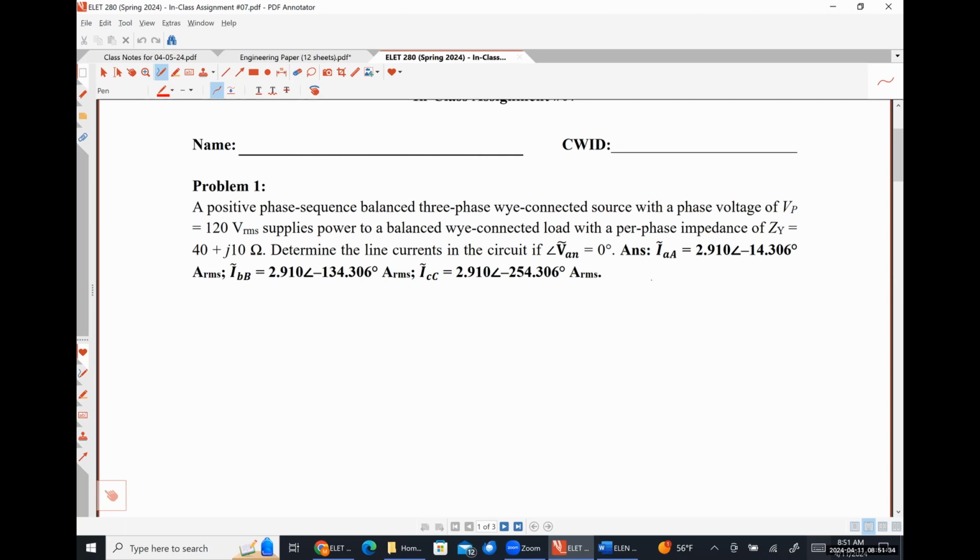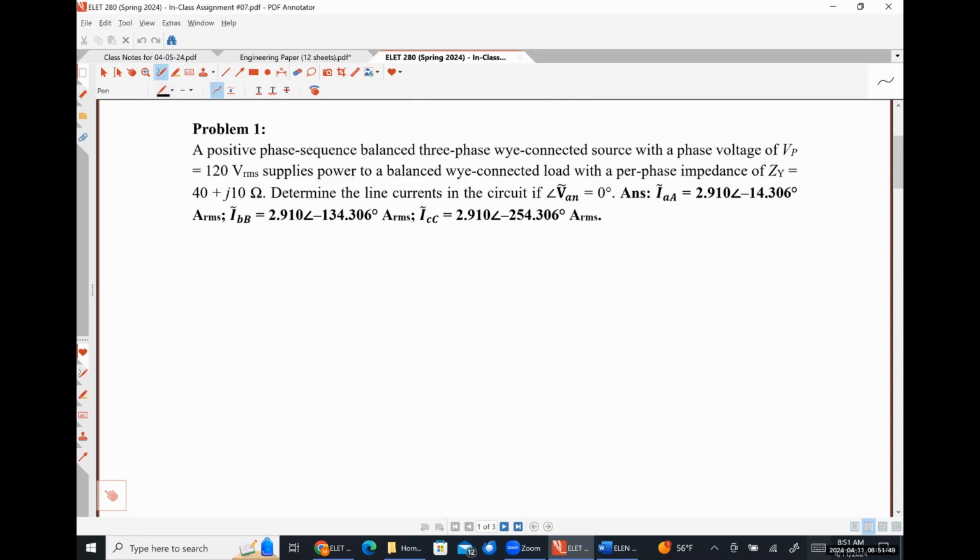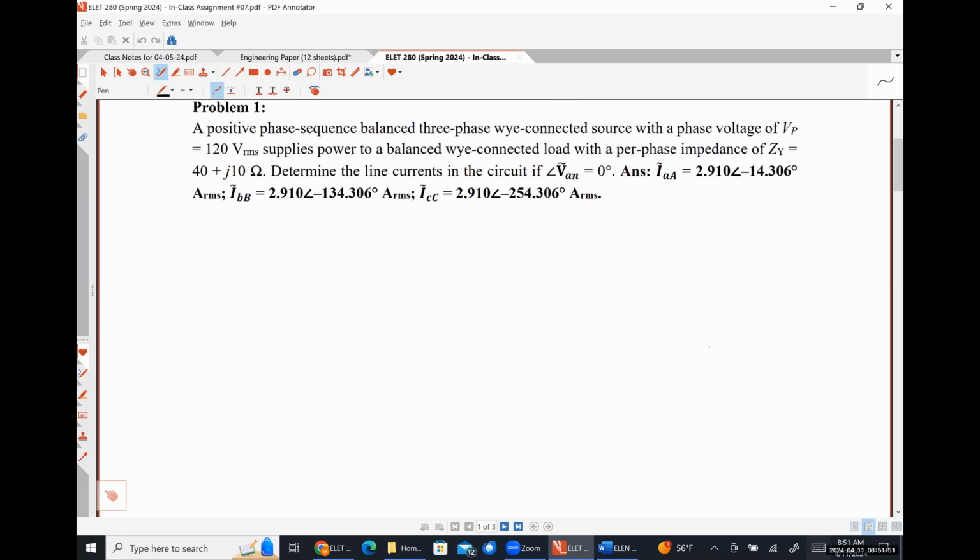And we're simply asked to determine our line currents if the angle of the voltage VAN is equal to 0 degrees. So I'm going to draw a picture representative of this circuit.